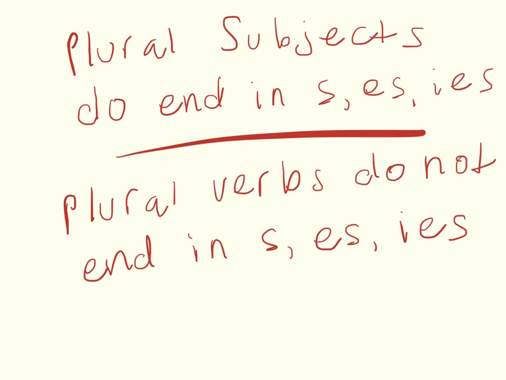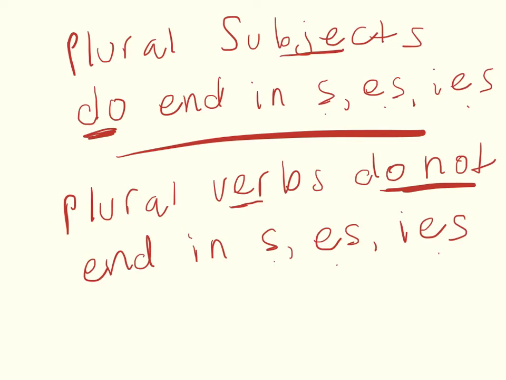And then with plural subjects, again, plural subjects most of the time, almost always, do end in either S, ES, or IES. However, plural verbs do not end in S, ES, or IES. All right?